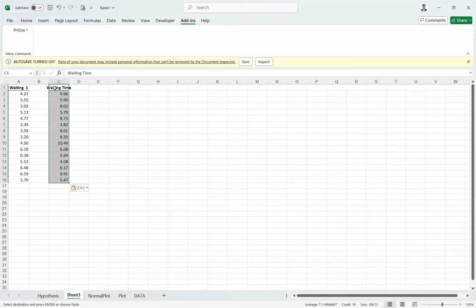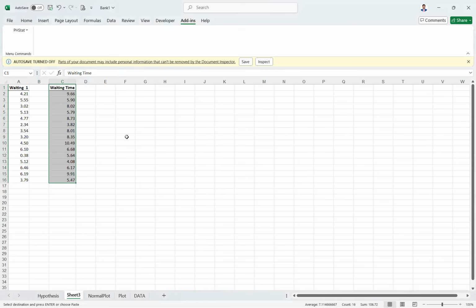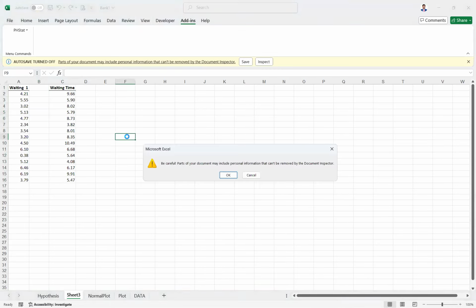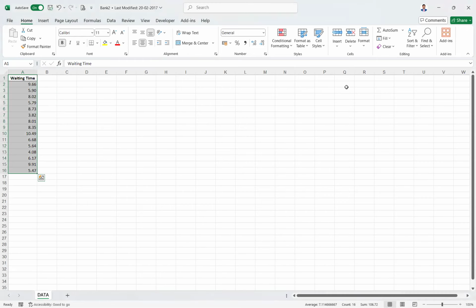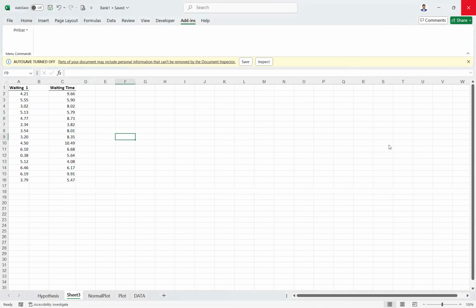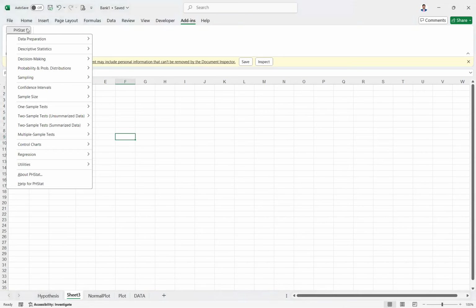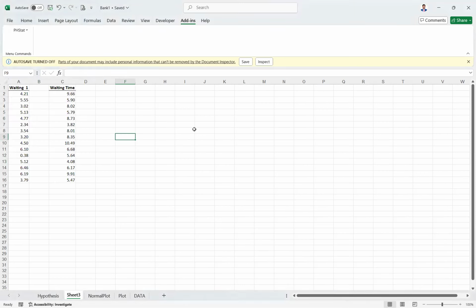Now tell me, is this one sample or two sample test? Two sample. Why? There are two things, that's why we'll do two sample. Now also tell me, is it summarized or unsummarized? Unsummarized. Why?